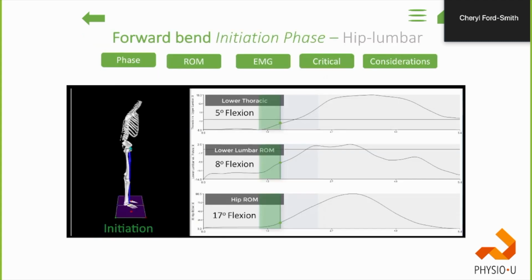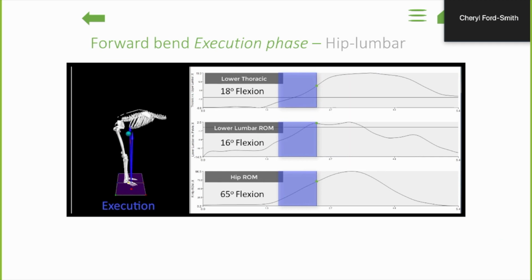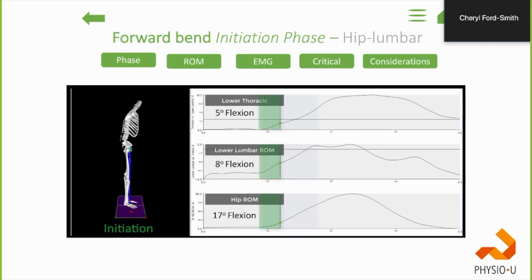And we can move into muscle, here's actually range of motion. So we have lower thoracic, lower lumbar, and hip. What I think is really cool here is to be able to visually show a student when forward bend begins, you can see that motion is initiated at all the joints. There's nothing wrong with that. In fact, it's quite safe.